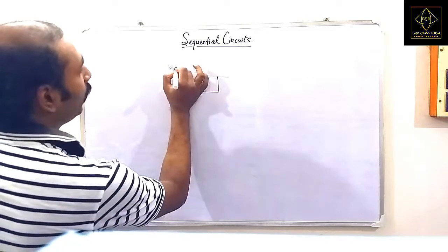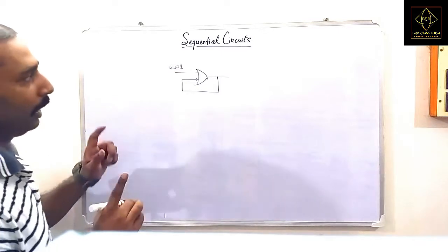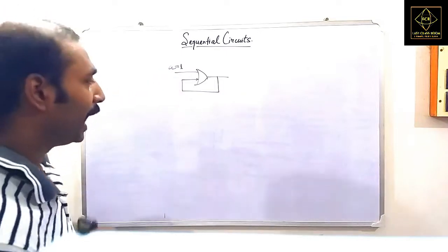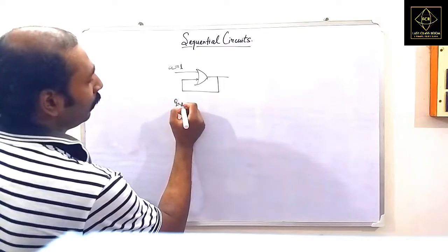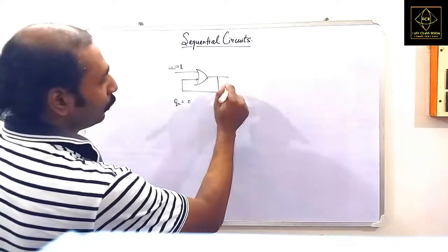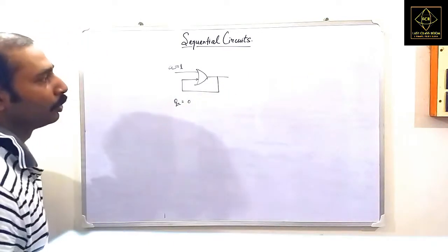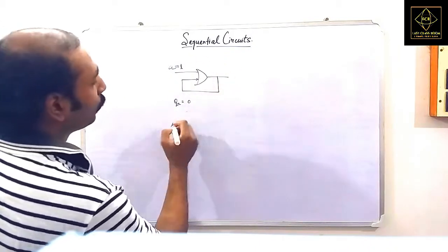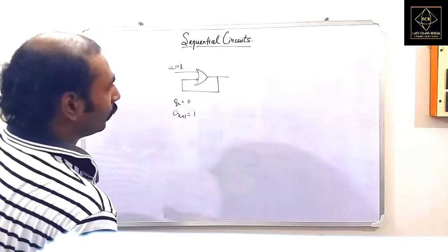So say for example, I'm clearly mentioning, if we have A as 1 over here, and Qn, the previous output, is 0, then whatever happens, the output Qn plus 1 will always be 1.